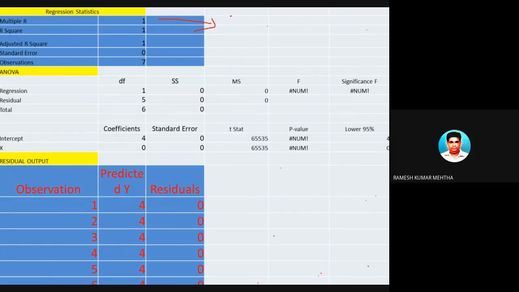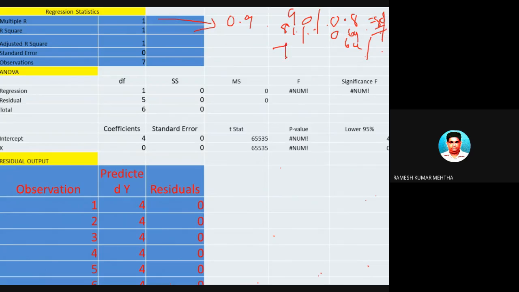So here, for example, if the multiple R had been something like 0.9, meaning 90%, if you square it, you will get 81%. Or if the value of multiple R is 0.8, that is 80 percent, when you square it, you will get 0.64 or 64 percent.